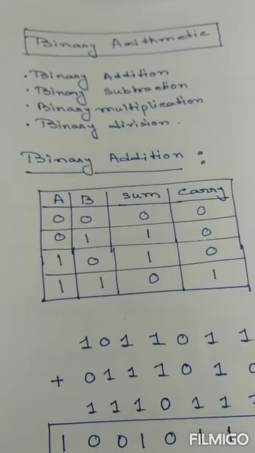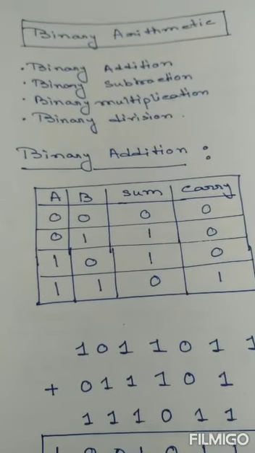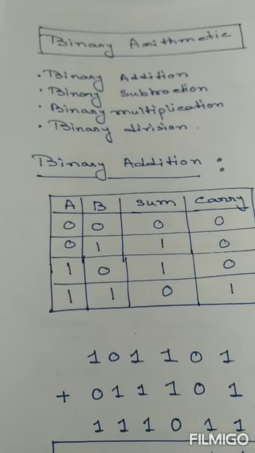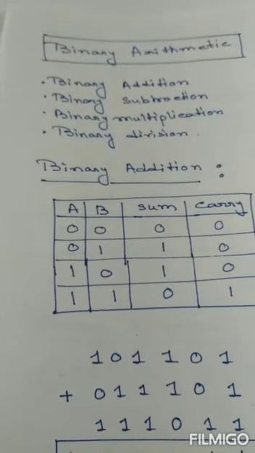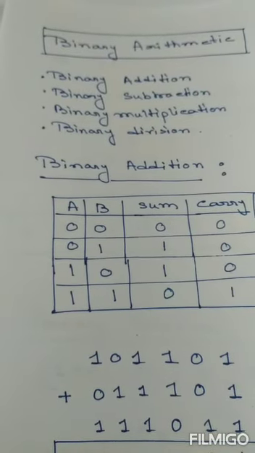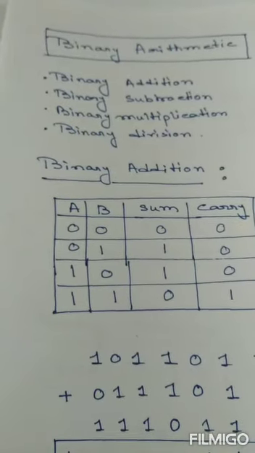Now the next part, that is binary arithmetic. The computer is a digital system that supports various arithmetic operations. Basically, it performs addition, subtraction, multiplication, and division over the binary data.